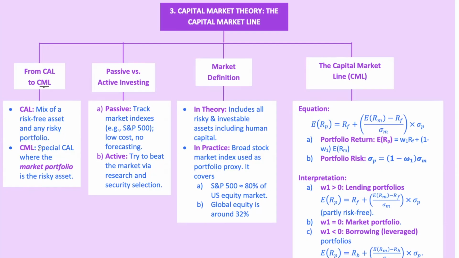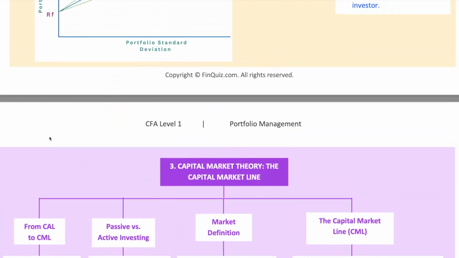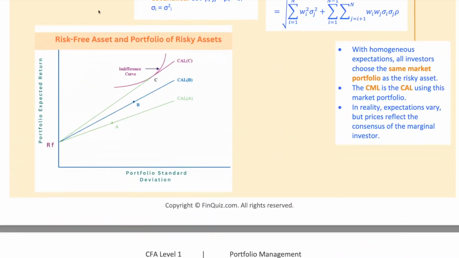Here's how to think of it. Every point on the CML represents a different investor's mix between the risk-free asset and the market portfolio. As we discussed earlier, conservative investors, they stick to the left side, mostly in T-bills, a little in the market. Moderate investors, they're somewhere in the middle, maybe 60% in stocks, 40% in risk-free.